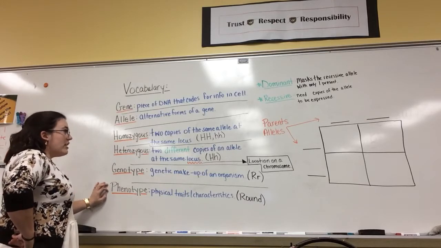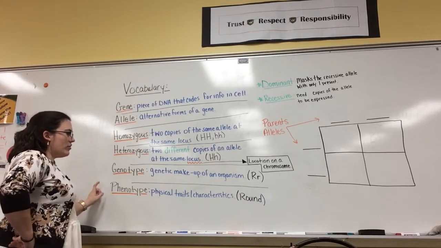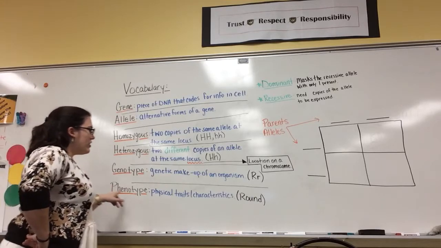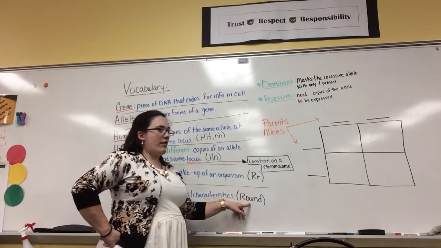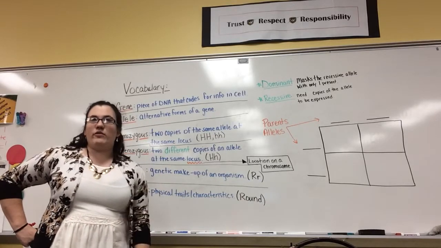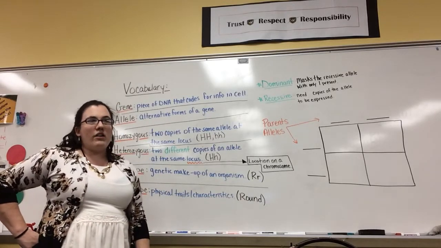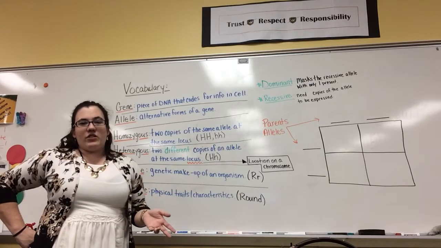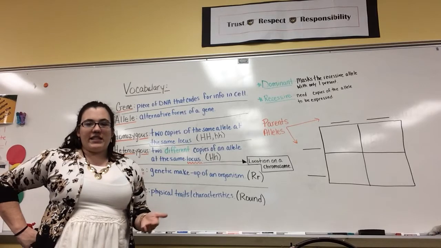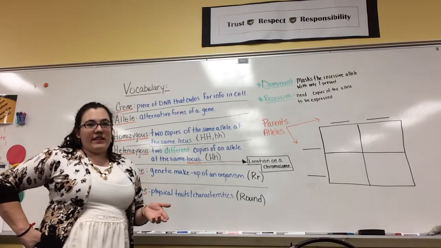And then finally we have phenotype, which is the actual physical traits or characteristics that the organism exhibits. So it could be a round seed versus a wrinkled seed. Some of you have brown hair, some of you have blonde hair. Some of you have brown eyes, green eyes, blue eyes, etc. So it's whatever trait we're talking about, what that physical characteristic is when it's expressed in the organism.